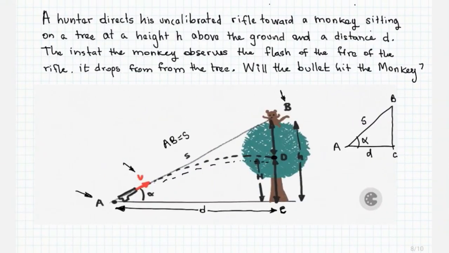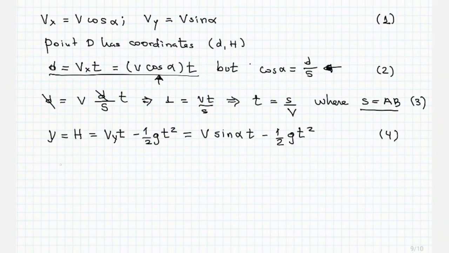But by the geometry of the problem, we have the triangle ABC as we already know, and I can write according to this triangle that the sine of alpha is equal to the opposite leg dividing the hypotenuse, and that's equal to h dividing s. What is h?